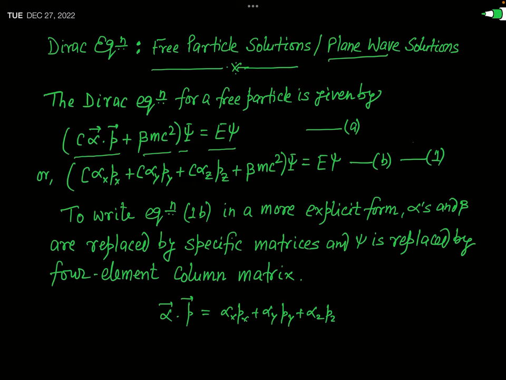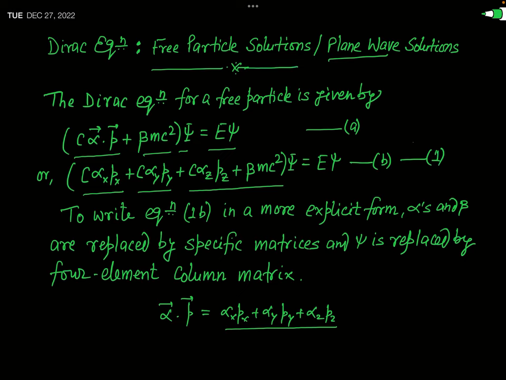So when we substitute this expression for alpha dot p, our equation becomes c alpha x px plus c alpha y py plus c alpha z pz plus beta mc square, operated on psi, equal to E psi. This is the Dirac equation for a free particle, and you have already learned about this equation in your previous classes.